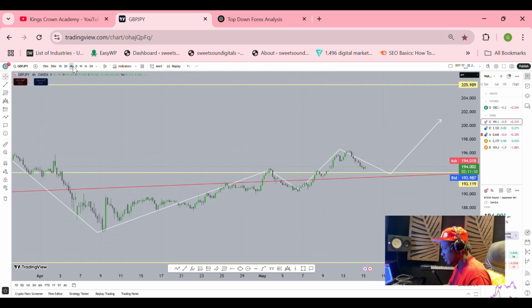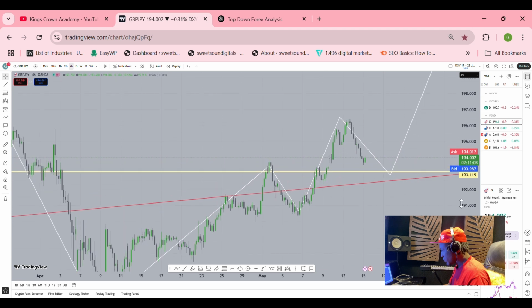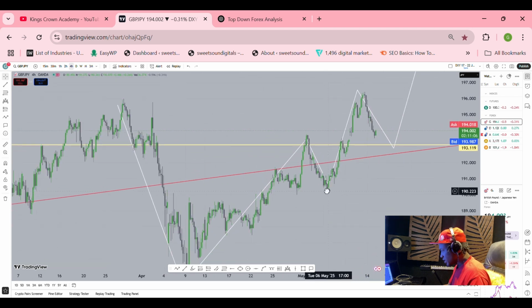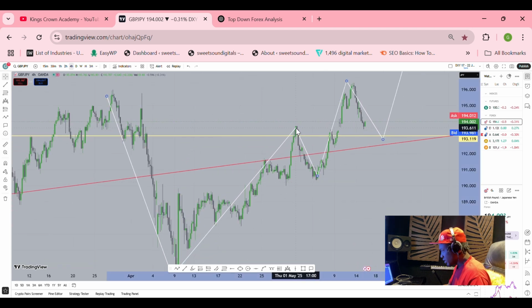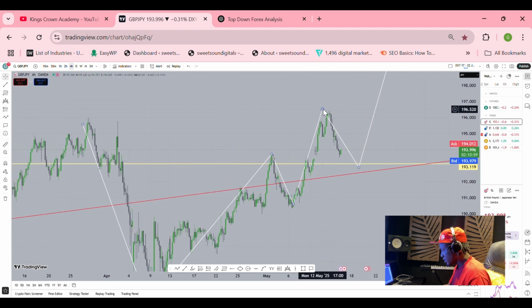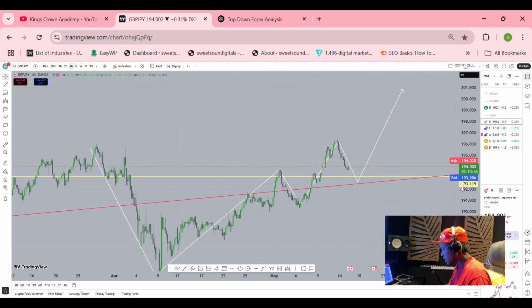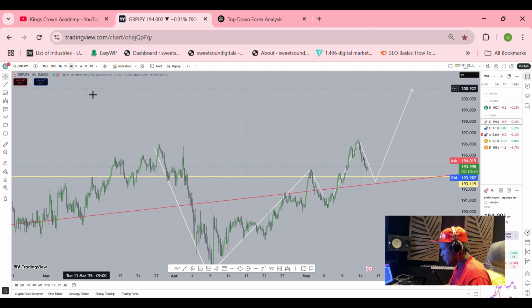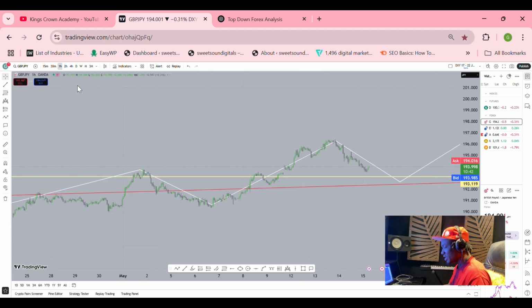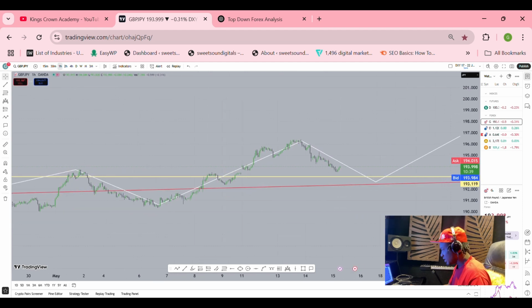Now let's go to the 4-hour, and you see this is already happening. So we're waiting for price to come tap this area and see if it will serve as another support. Having seen this, you can then go to your 1 hour, your 30 minutes, and plan your trades.